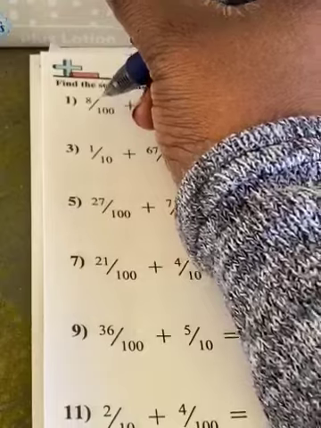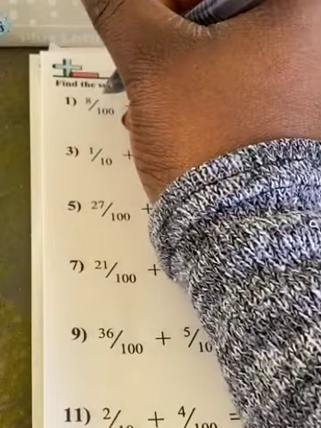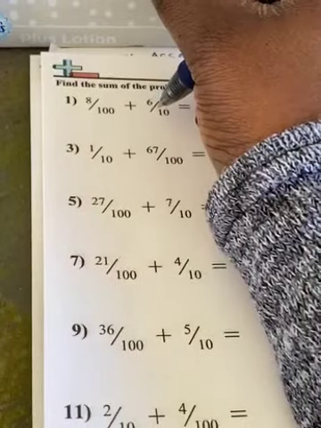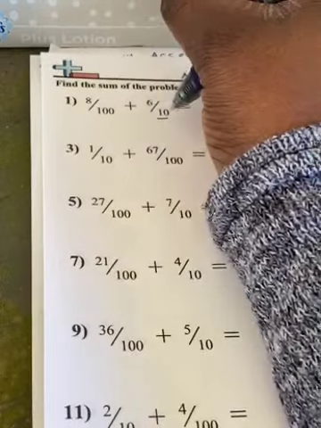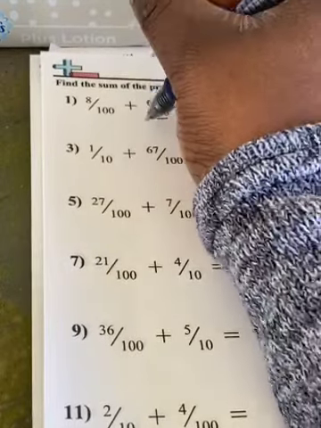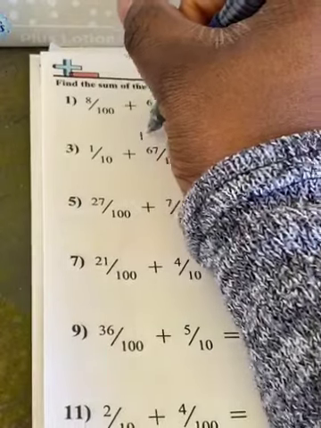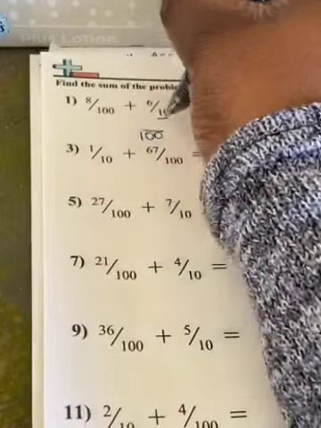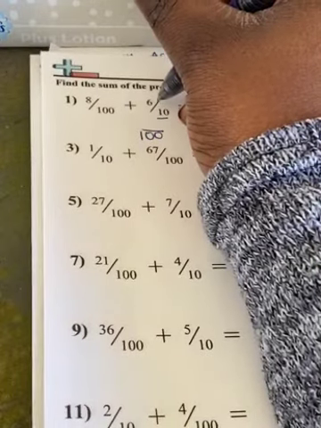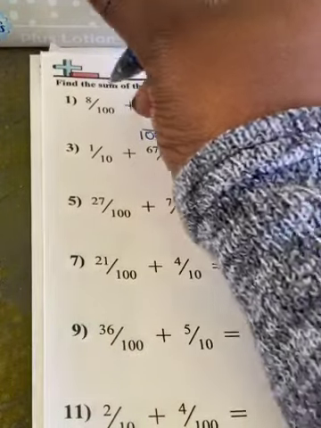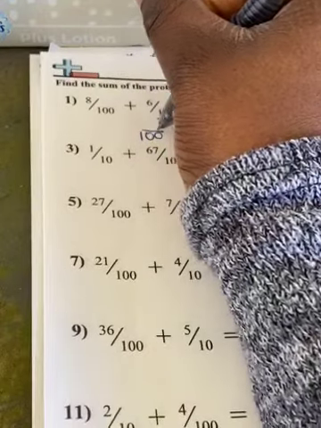So again, to start with number 1, it says 8/100ths and 6/10ths. I want to change the tenths fraction to make it 100 so I can easily add it. So instead of 6/10ths, I am going to change it to a fraction with 100ths.